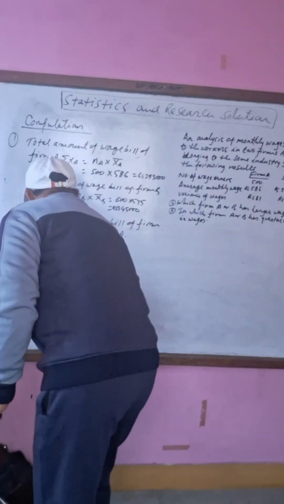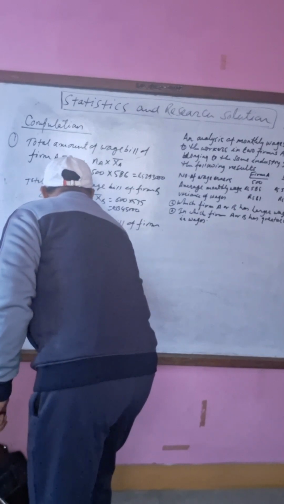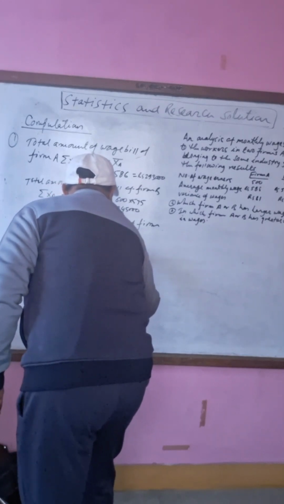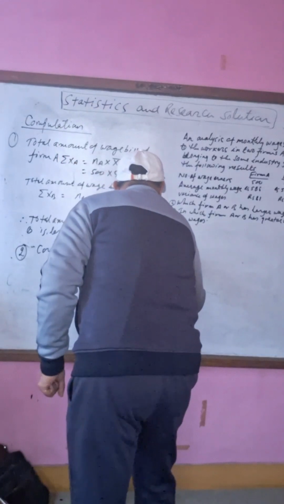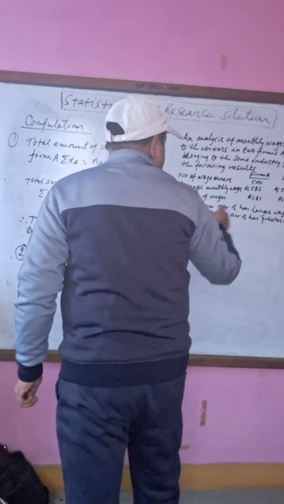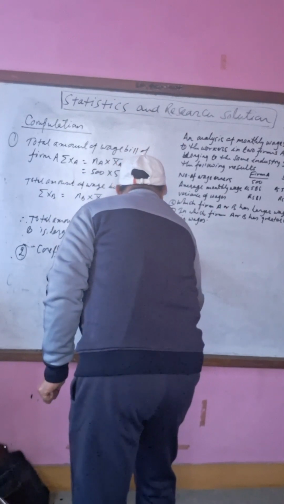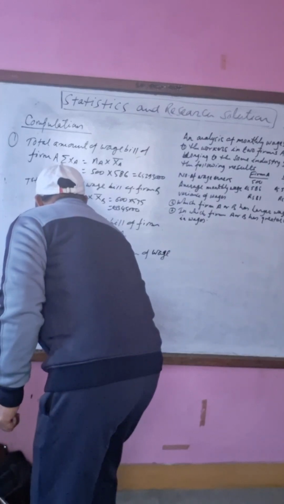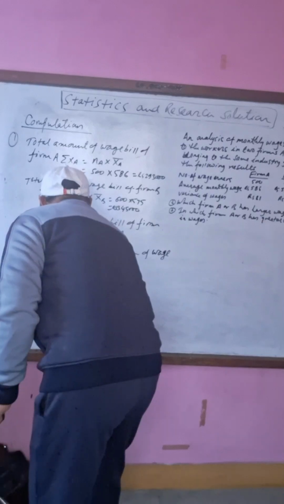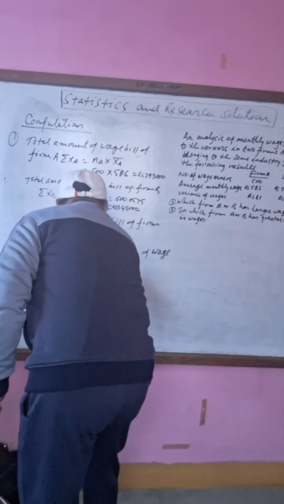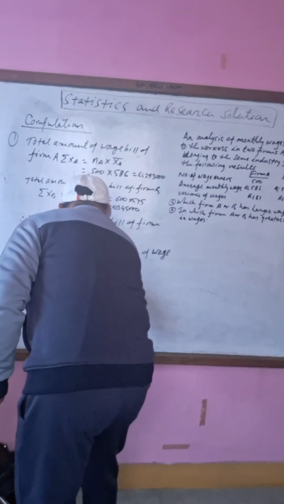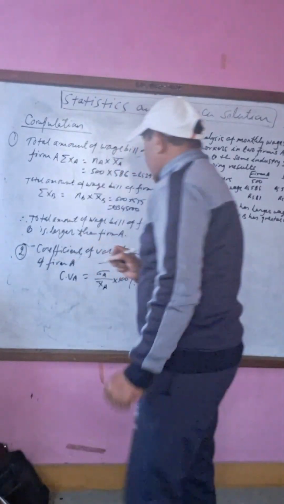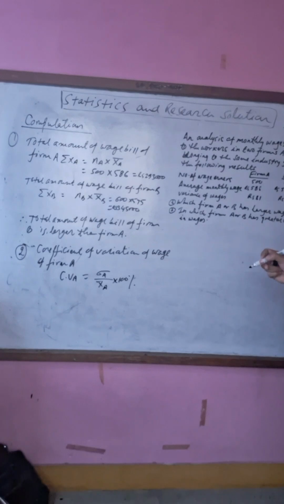So write the coefficient of variation of wage of firm A, that is CV of A is equal to sigma A upon X A bar into 100%. This is the formula.